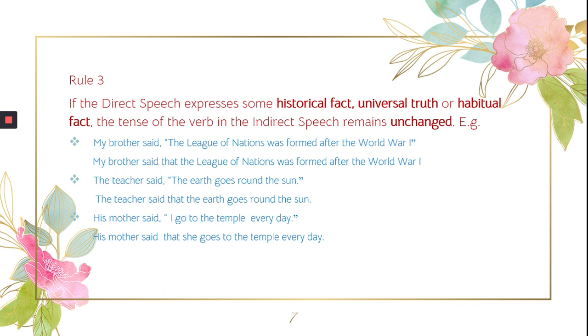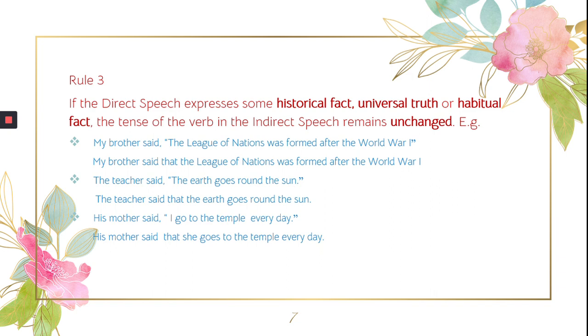Now here we see that it is an example of historical fact. So the tense of the verb in the indirect speech is not changing. My brother said that the League of Nations was formed after World War I.